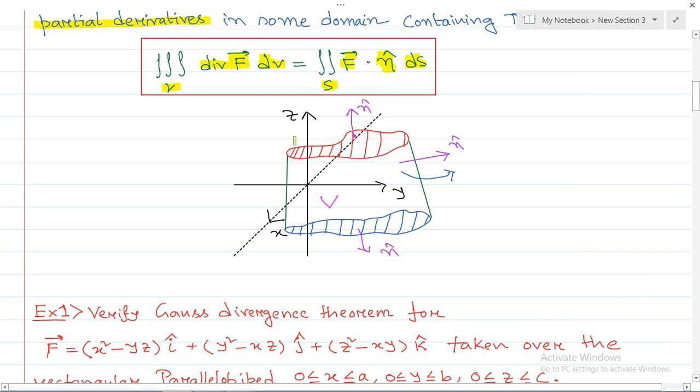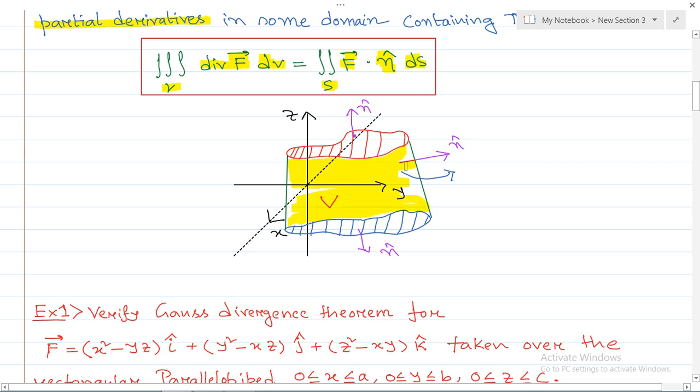Okay, so let us try to understand it. Suppose this is a surface which encloses the volume V. This is the closed region inside this cylindrical type of structure, but not actually a cylinder. This is an arbitrary shape of region that I have drawn here.